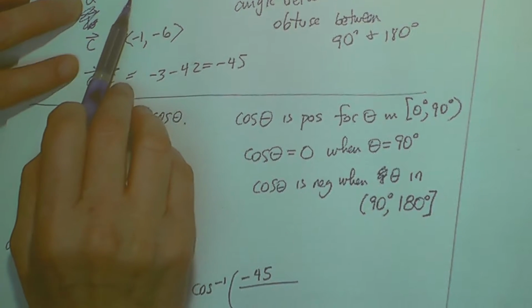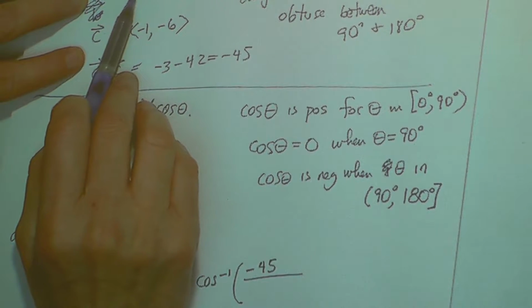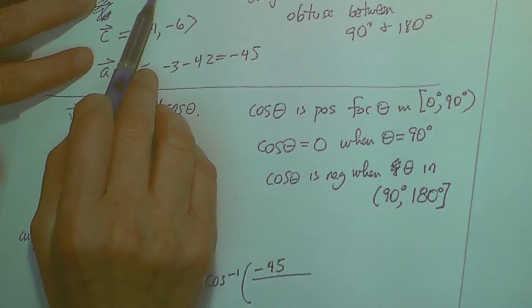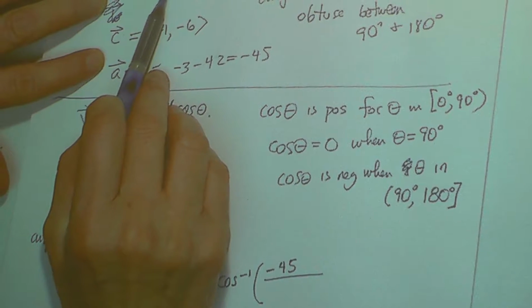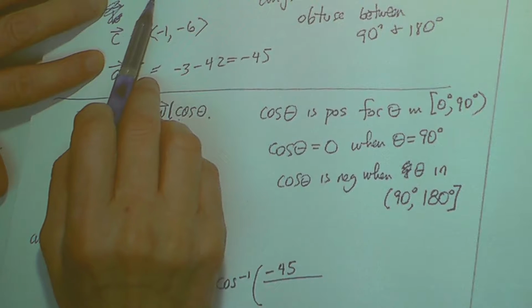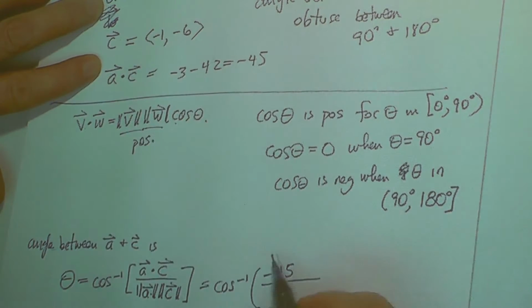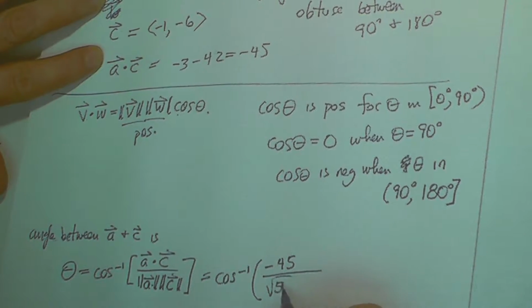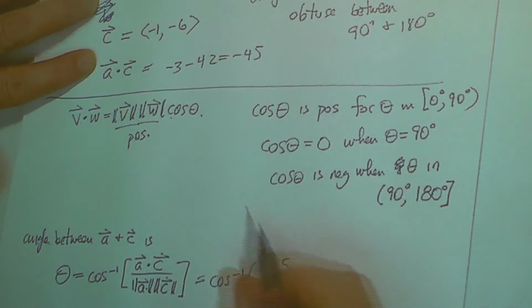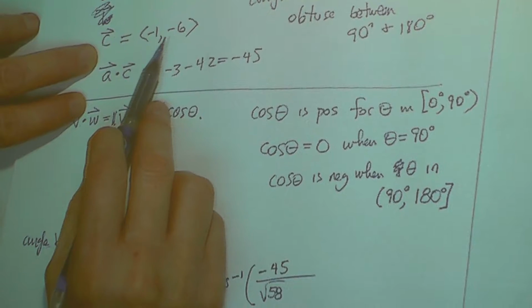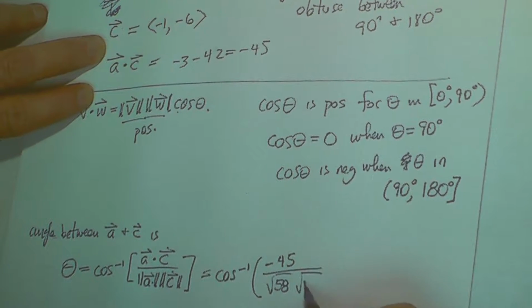Magnitude of A is 3 squared plus 7 squared. Take the square root. So that's 9 plus 49, so square root of 58 or something. Magnitude of C is 1 plus 37.